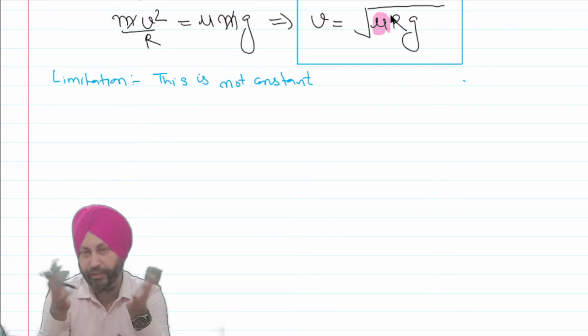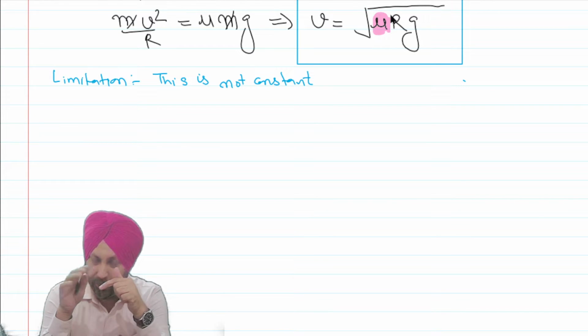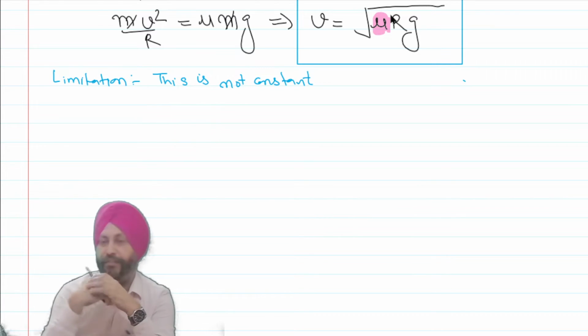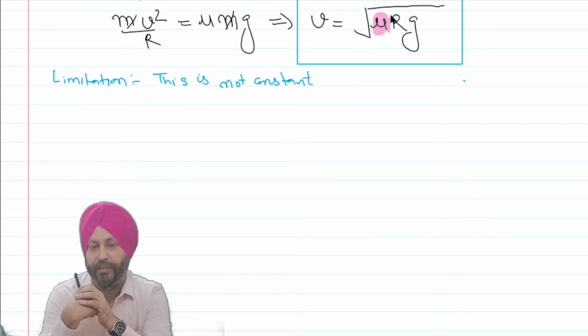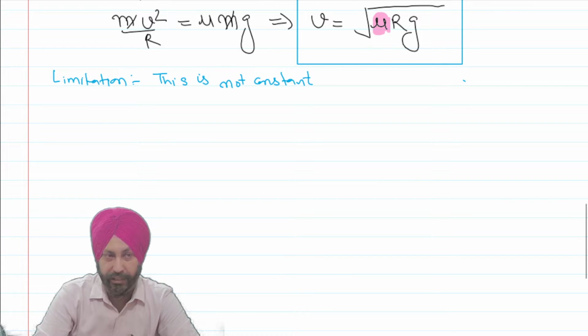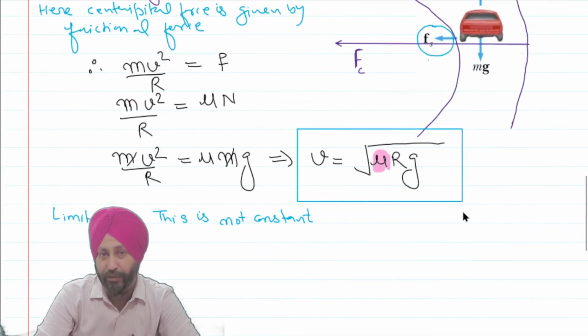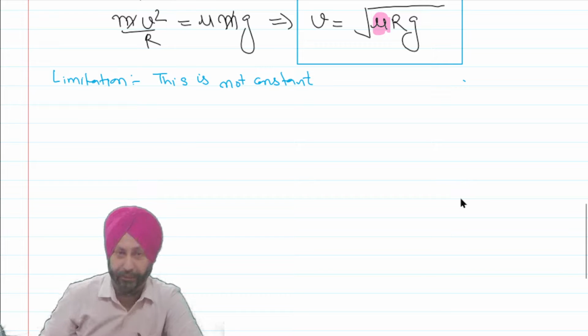So mu is different for different vehicles, which means this safe velocity limit is different for different vehicles. Here we consider the speed is optimum and the road is level. Now we will talk about maximum speed.